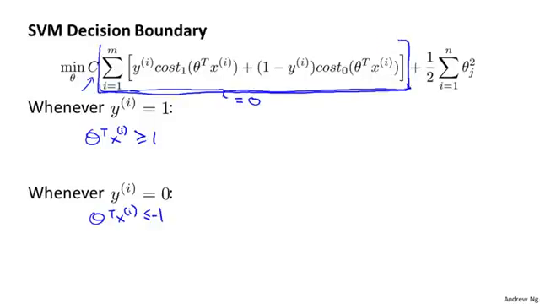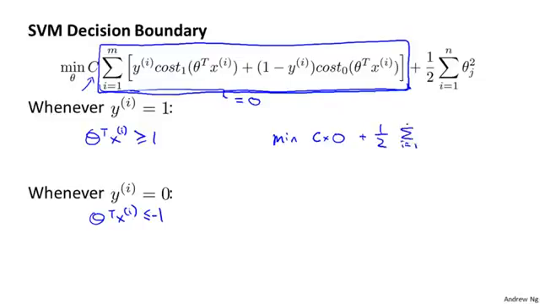So if we think of our optimization problem as now really choosing parameters to ensure that this first term is equal to 0, what we're left with is the following optimization problem. We're going to minimize that first term, c times 0, because we're going to choose parameters so that it's equal to 0, plus 1/2 and then that second term. This first term, that's c times 0, so let's just cross that out.